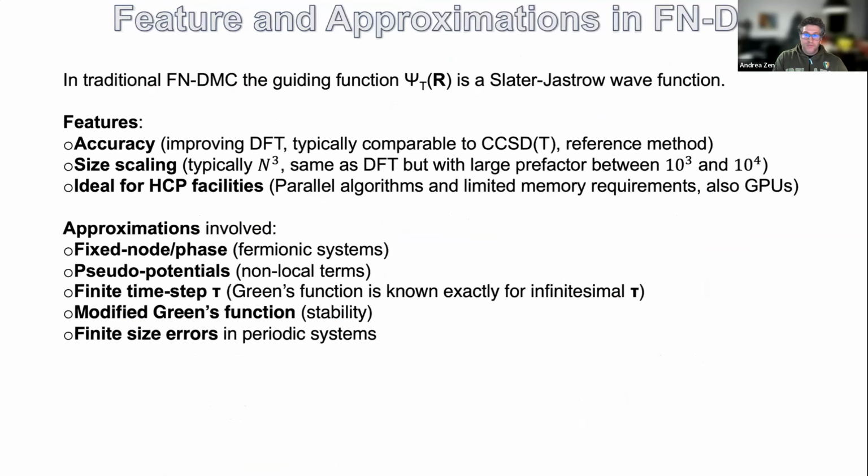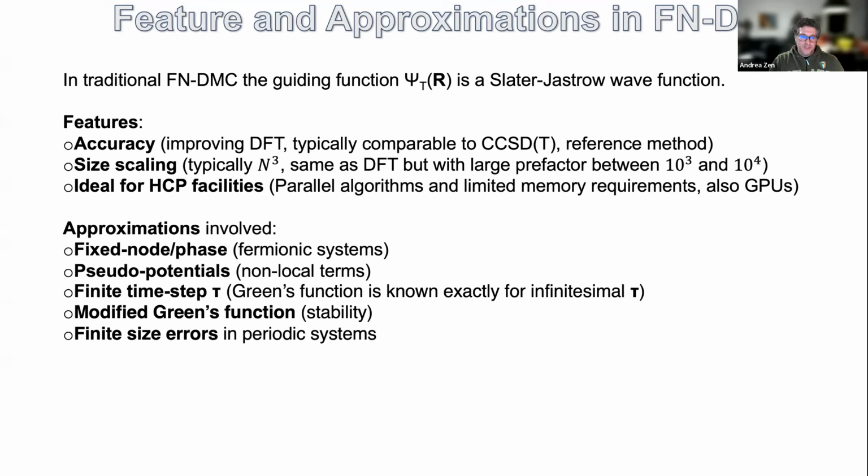The features of fixed node DMC are that it improves on density functional theory. The scaling is N to the third, and it goes well on HPC facilities. And in these large calculations, I always use a single Slater-Jastrow wave function because otherwise it becomes very expensive and also difficult to control the uncertainty in the optimization.